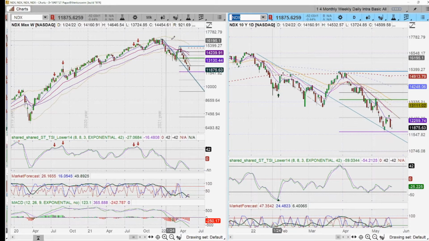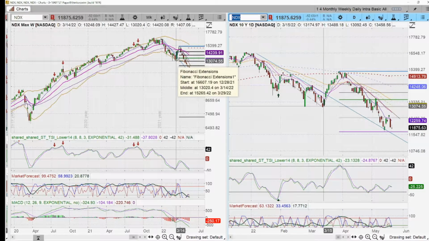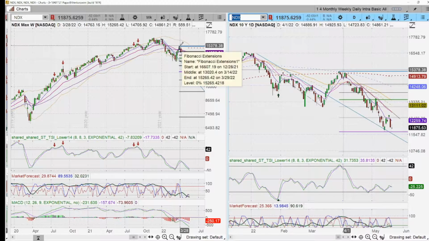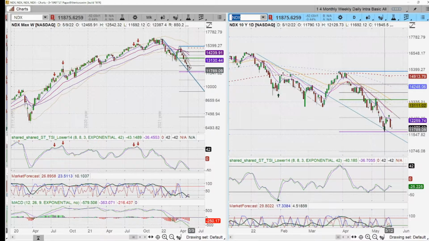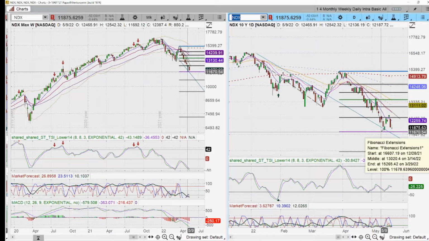You see here, I already have it in place for the NASDAQ: from the high of the year down to that first low in March, back up to this level, and then a symmetric move down. We already hit it. Look how close and clean that came to hitting that zero line. In fact, the low there was 11,692, and my projected low was 11,678.